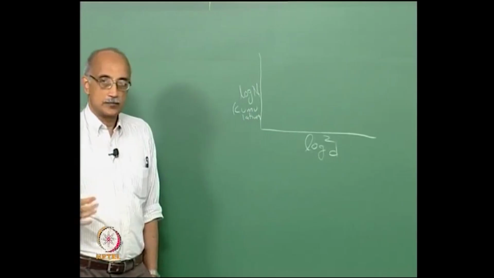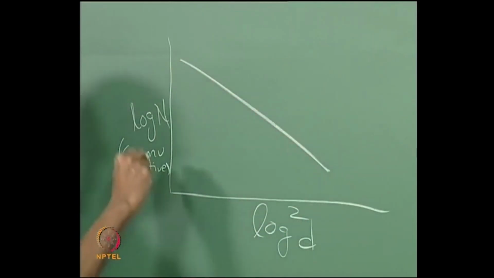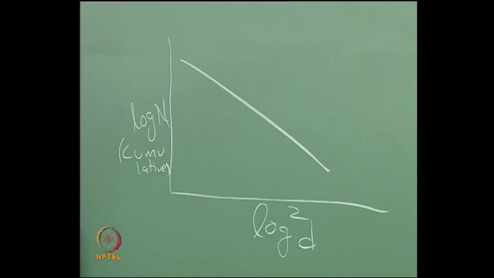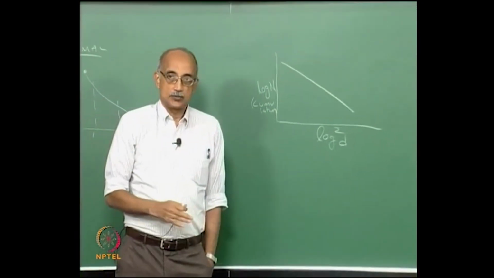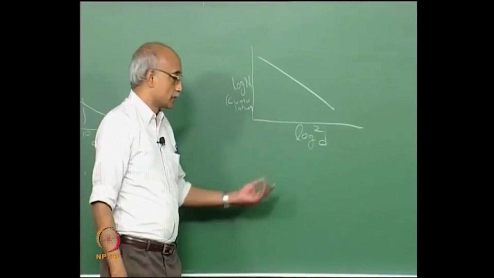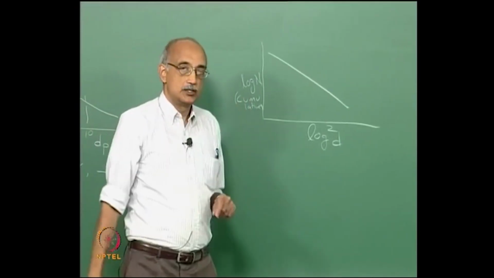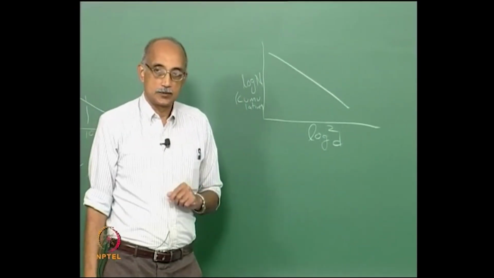It turns out that they all follow straight lines if you plot it as log squared on the two axes, and this is called a log normal distribution. All particle populations that show a log normal distribution will show a linear relationship between the square of the logarithm of size and the logarithm of the cumulative count corresponding to that size.